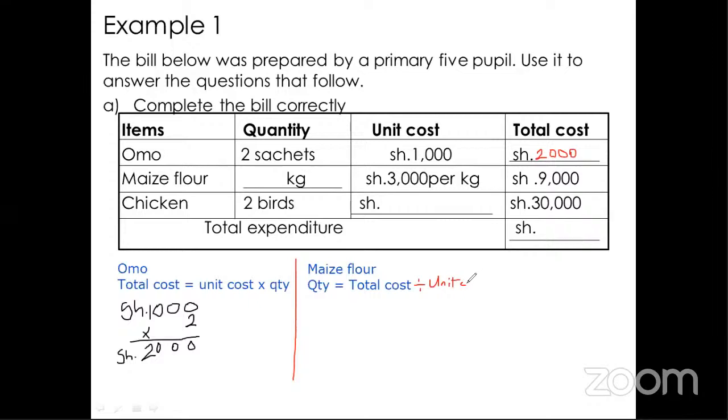So here you divide by unit cost. Now, you come down and start dividing. What is your total cost for maize flour? Class, what is our total cost? Mirembe, can you talk and I hear you? What is our total cost for maize flour? Claire? Pardon, teacher. What is the total cost for maize flour, Claire?